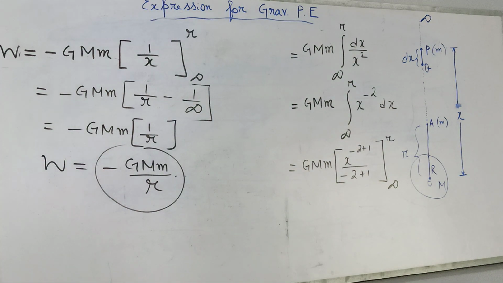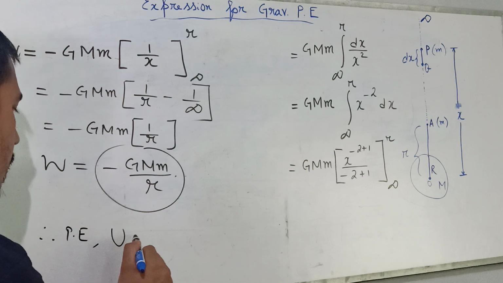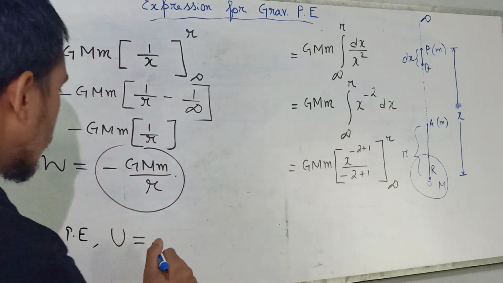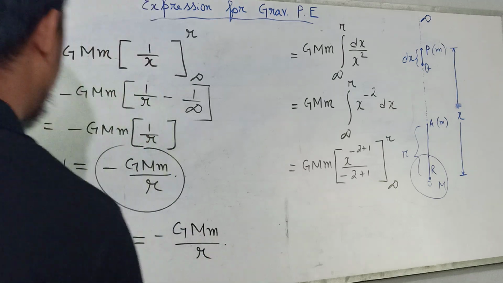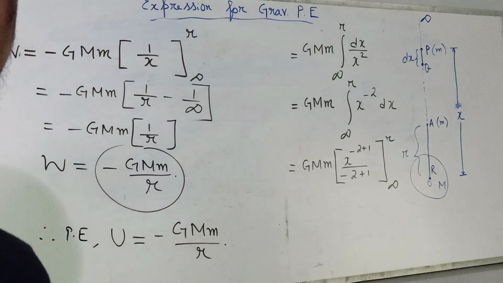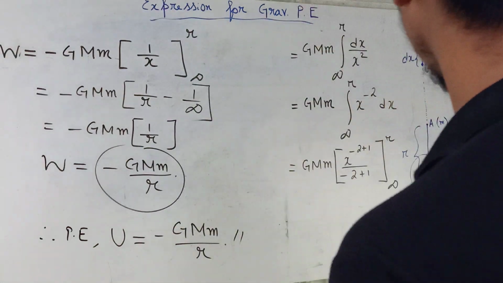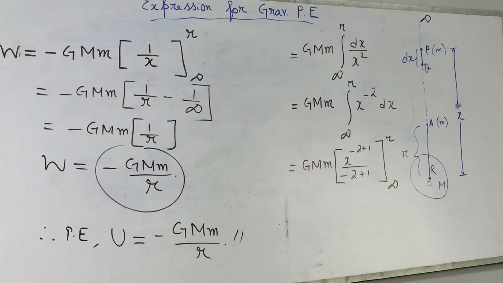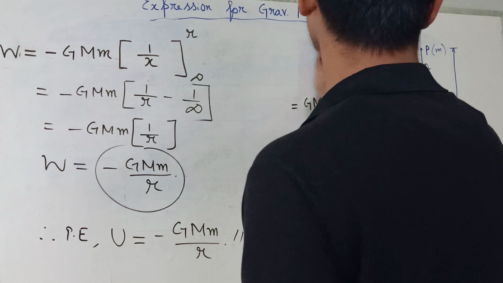Therefore, the potential energy U will be given by the work done, which is equal to minus G capital M into small m by R. Which is the required expression for the gravitational potential energy at any point which is raised to some distance above the surface of the Earth.